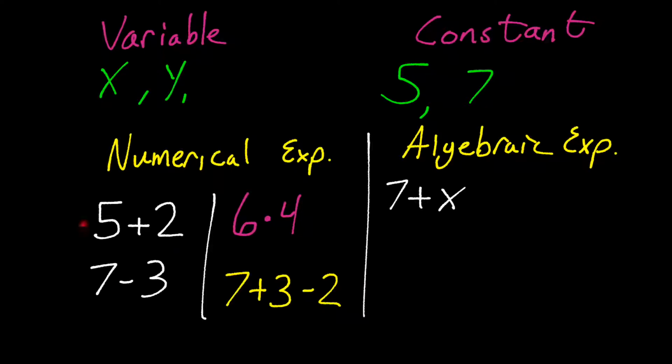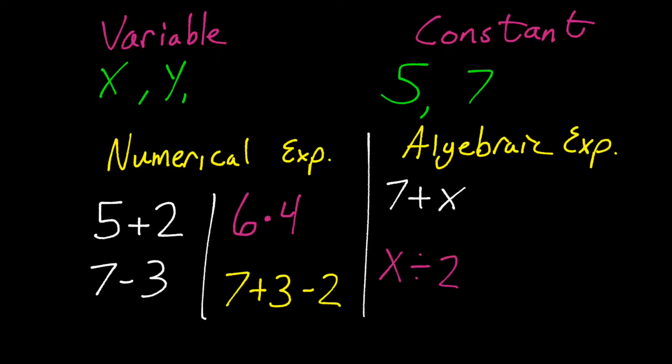So keep that in mind. Here, we could eventually solve these and turn them into an equation. Until we know what that x stands for, we can't do anything with this. It could also be x divided by 2. That would be an algebraic expression as well. Algebraic expressions use constants and variables and operations.